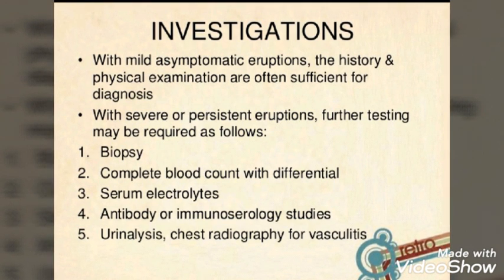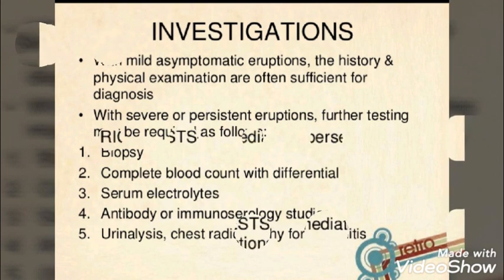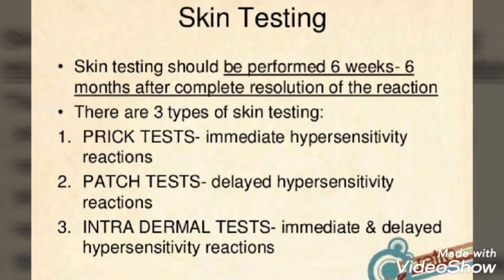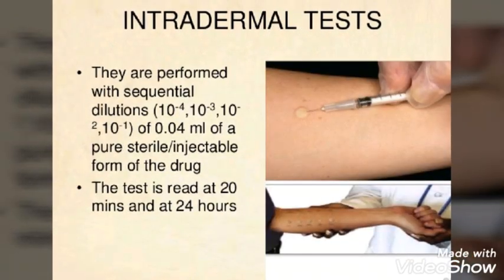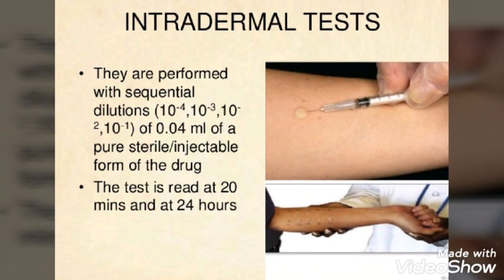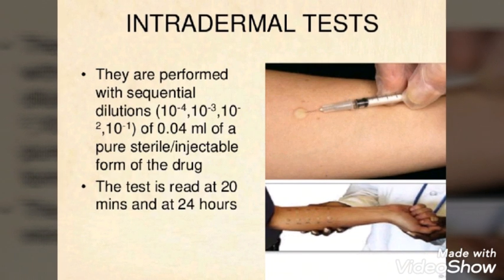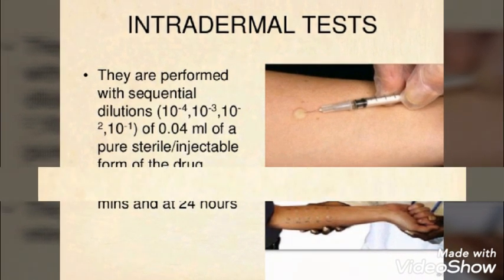Besides these, you can go for skin testing, prick test, patch test and intradermal test. These tests were already dealt with in previous classes, so I'm not going into detail.